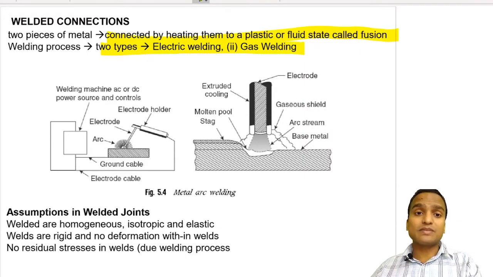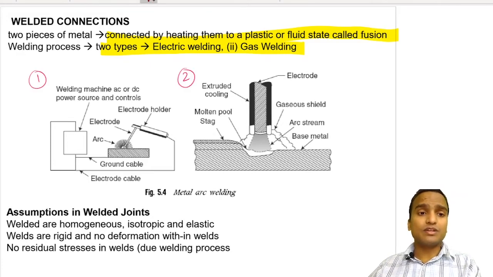We all must have witnessed these two types of welding being done everywhere, even in a common shop of steel fabrication. Here is a diagram: in the first diagram you are seeing electrical welding, and in the second diagram you are seeing gas welding. In figure 1 you are seeing a welding machine, which can be an AC or DC power source with controls.